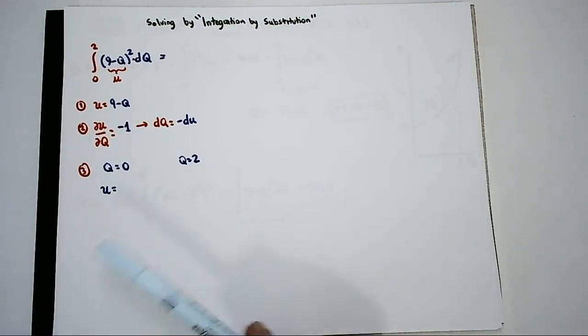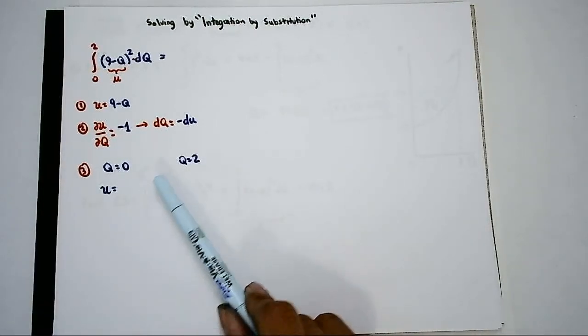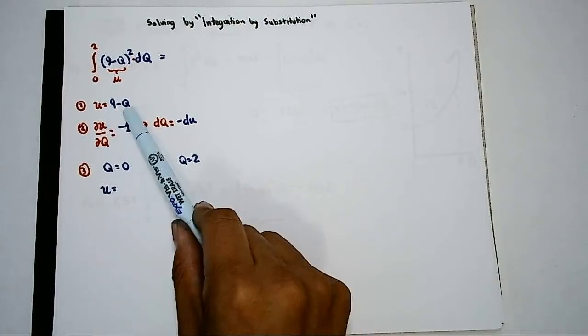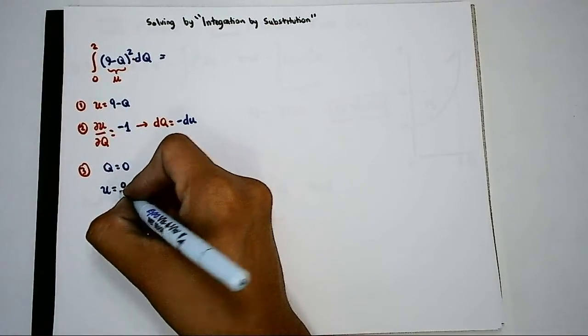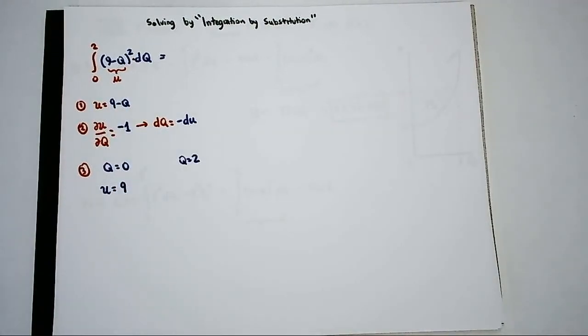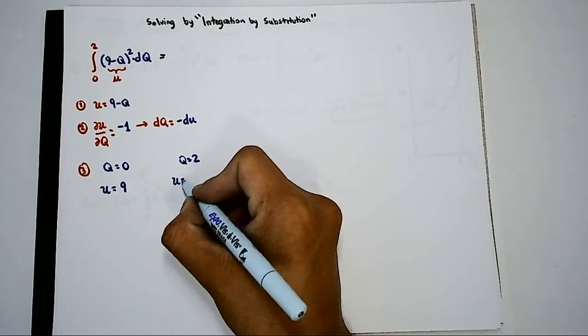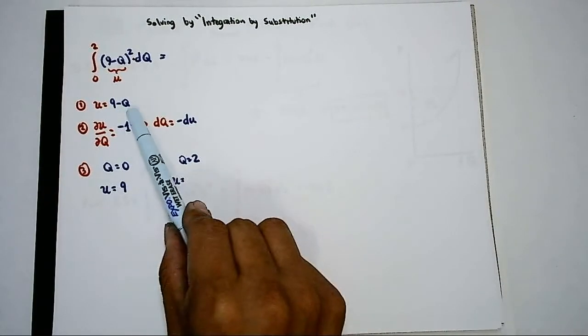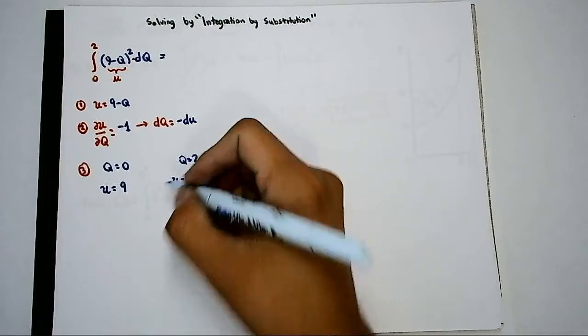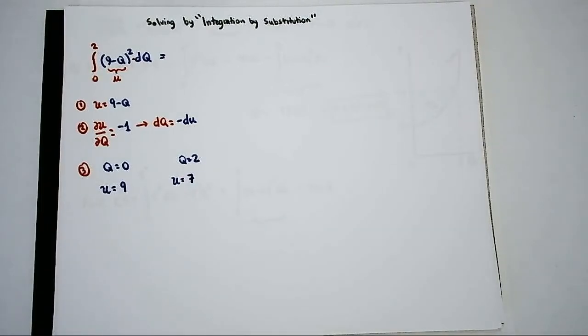Here we have 9 minus 0 is 9. And here we have 9 minus 2 is 7. Here we have to notice something pretty interesting.